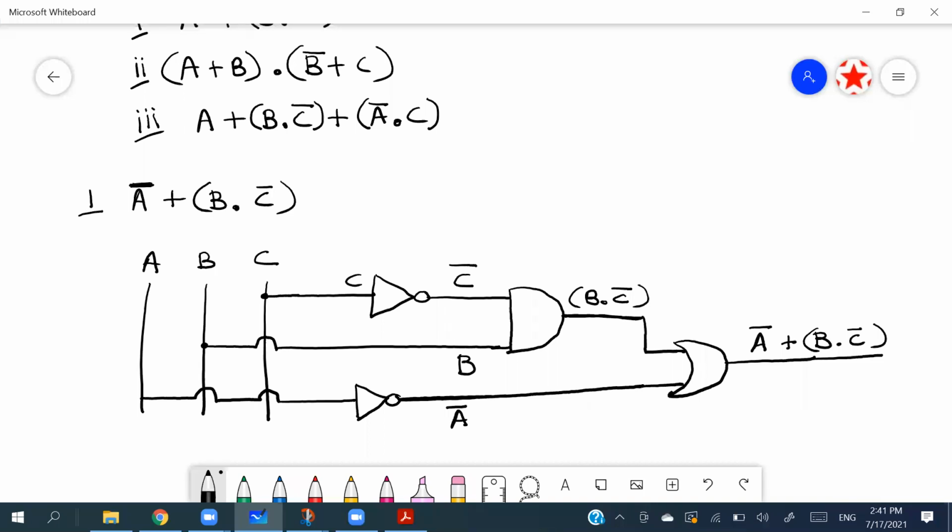Then I'm moving to the second one. If you need this on the screen, just let me know.